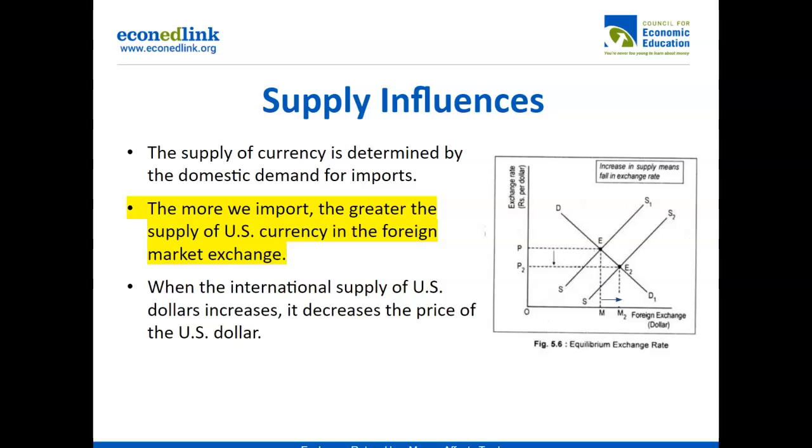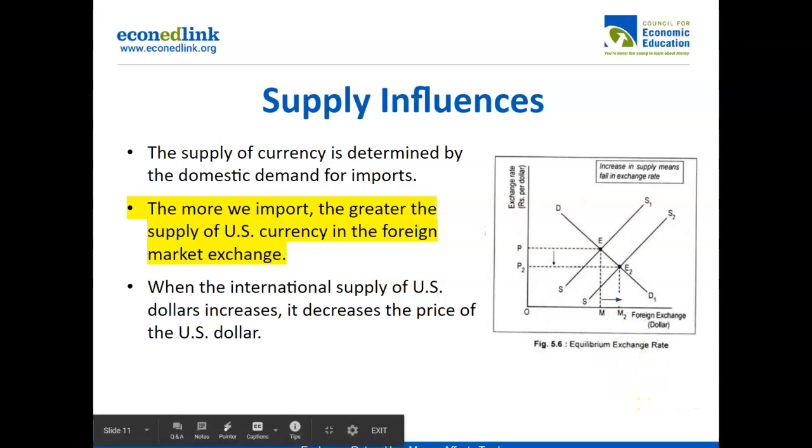What this will do is, when we import garments or other imports, then the supply of US currency in the foreign markets will increase. When the international supply of the US dollar increases, if you look at the equilibrium point here, it decreases the price of the US dollar.